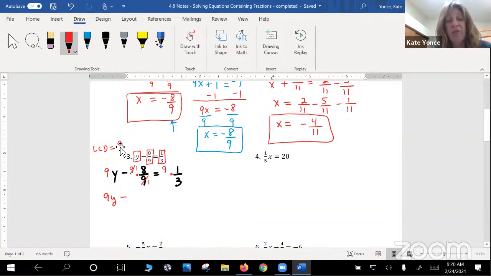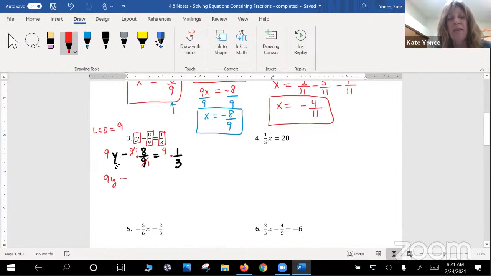So if I'm going to multiply one term by 9, I have to do it to all 3 terms to keep it equivalent. And this one didn't have a denominator to cross off with, so this one just stayed 9y. But the reason why I'm putting these here, our goal is that every denominator becomes a 1 so that we can drop it and we have no fractions.